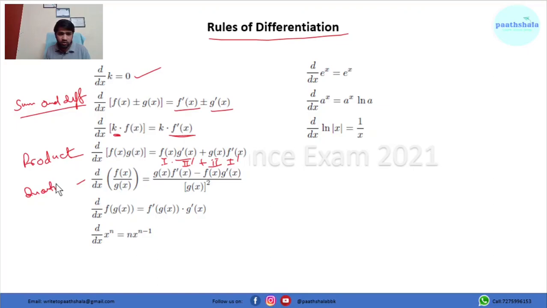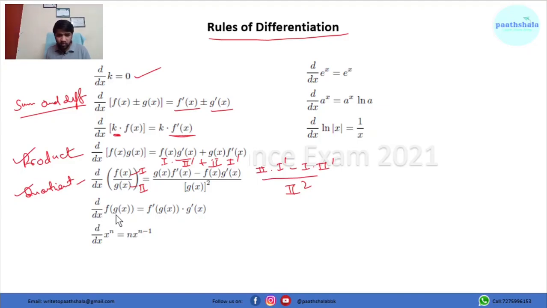It has the second term whole square in the denominator. Let's say this is second and this is first. So second whole square, then in the numerator you write second function times differentiation of first function, minus first function times differentiation of second function. These product rule and quotient rule are important.